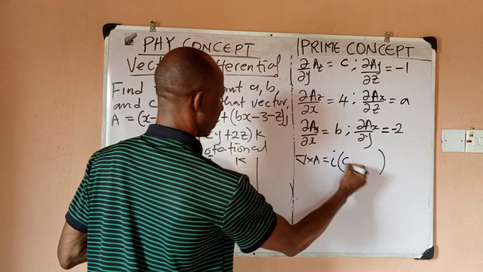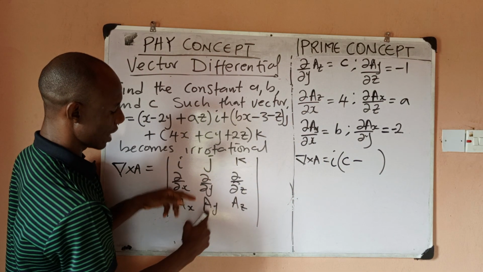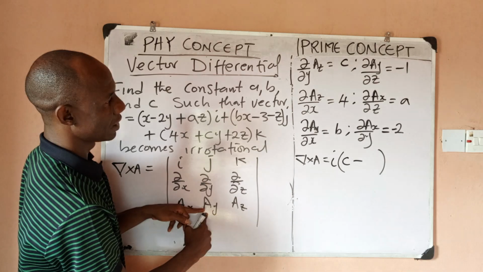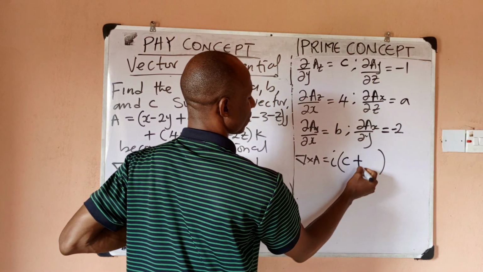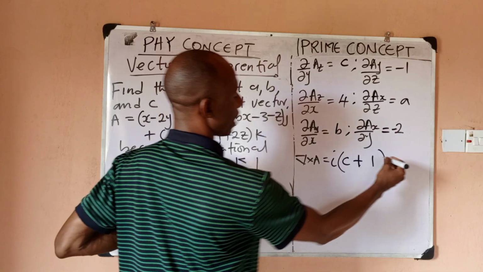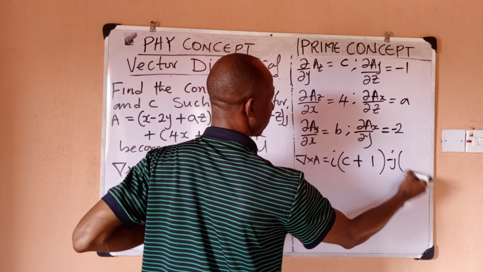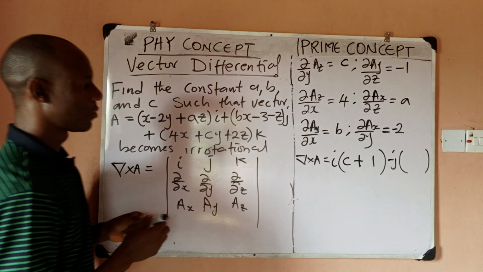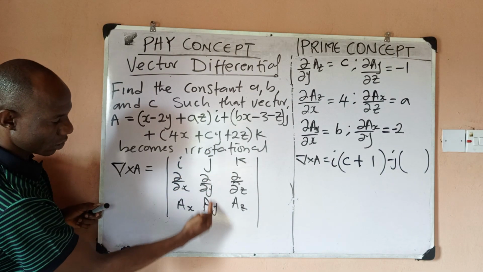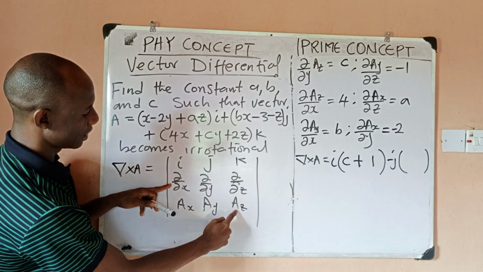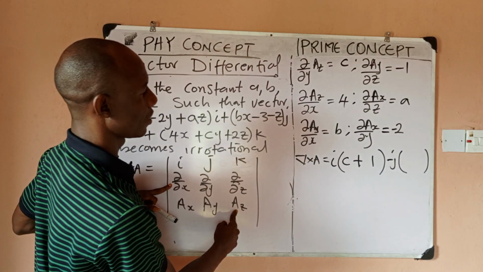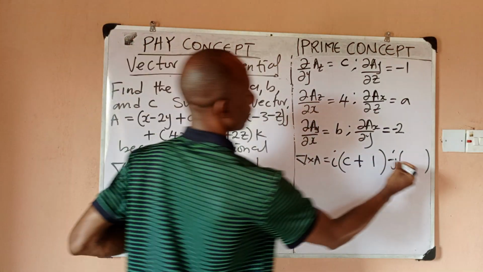So I have c minus, then I will go this times this, dAy/dz, which is minus 1. When it comes here, it becomes plus 1. Then I will go to minus j. Do the same thing. Now for j, I'll close this part and then close this part. So I'll have this times this. Az with respect to x is going to be 4.